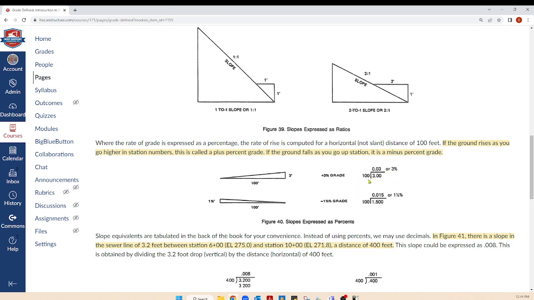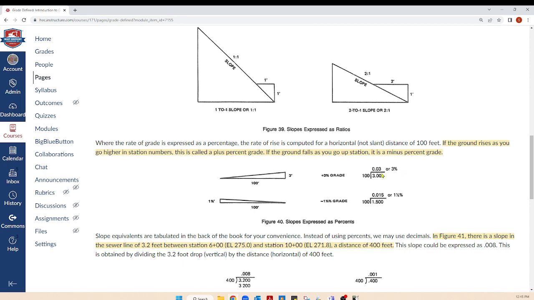We don't do long division. This right here is 3 divided by 100, and we just don't get into any kind of long division. We use calculators. You would type in 3%, which is the same as 0.03. When you're dealing with percentage, you're dealing with the number 100.